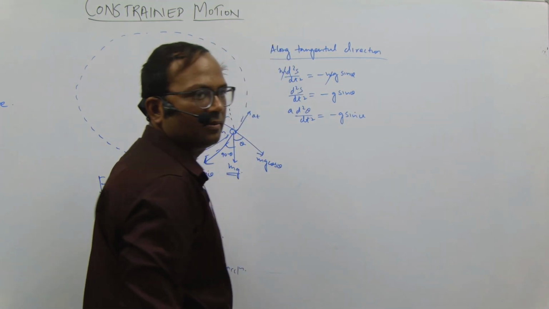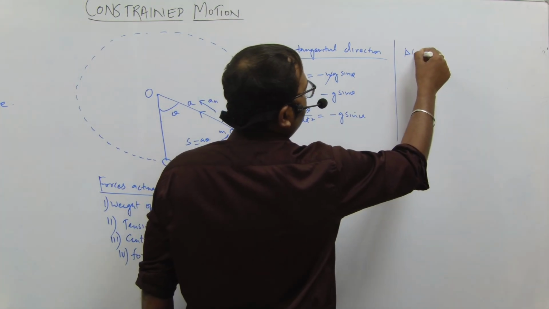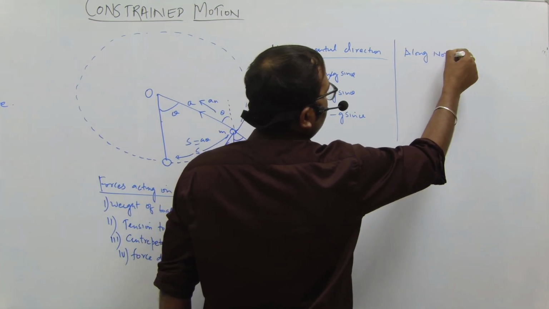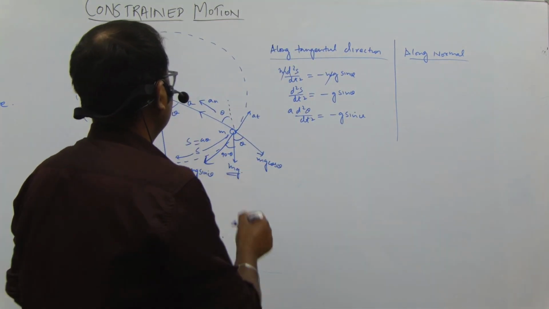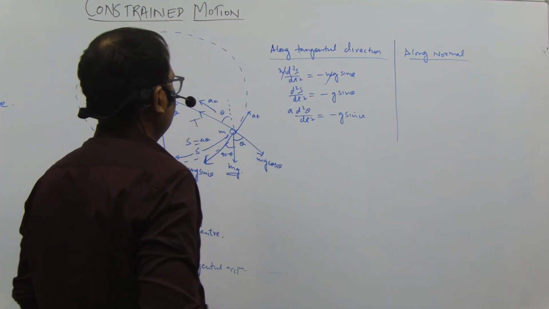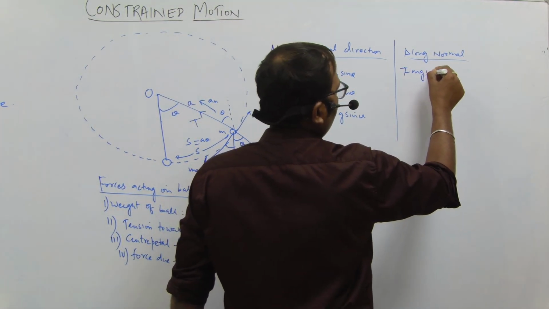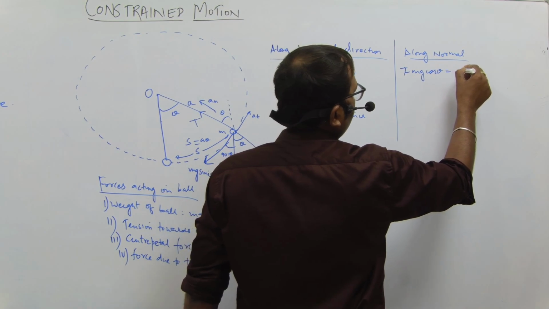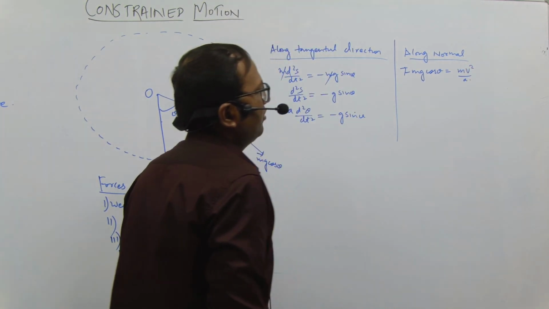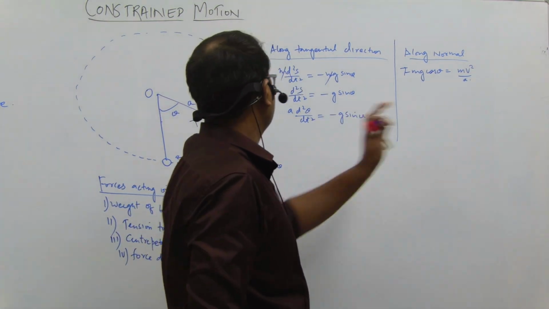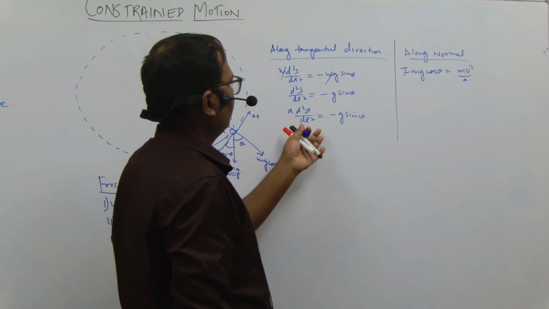This is along the tangential direction, and along the normal we have tension. So we have T minus mg cos theta is equal to m v square upon a. Here m v square upon a is the force along the normal direction. Let us further simplify this.